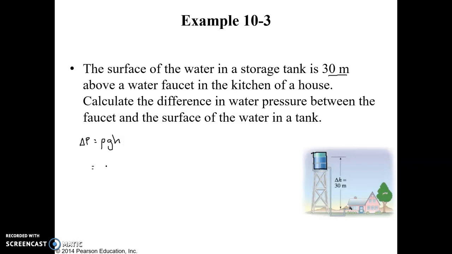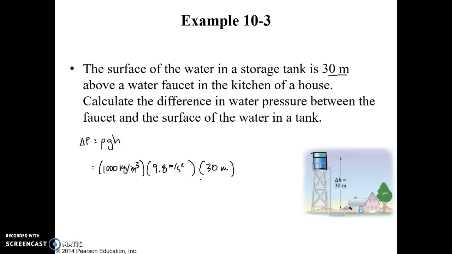The density of water, again, is 1,000 kilograms per cubic meter. Acceleration due to gravity is 9.8 meters per second squared. And in this case, the change in height from the level of the water in the storage tower to the faucet is 30 meters.